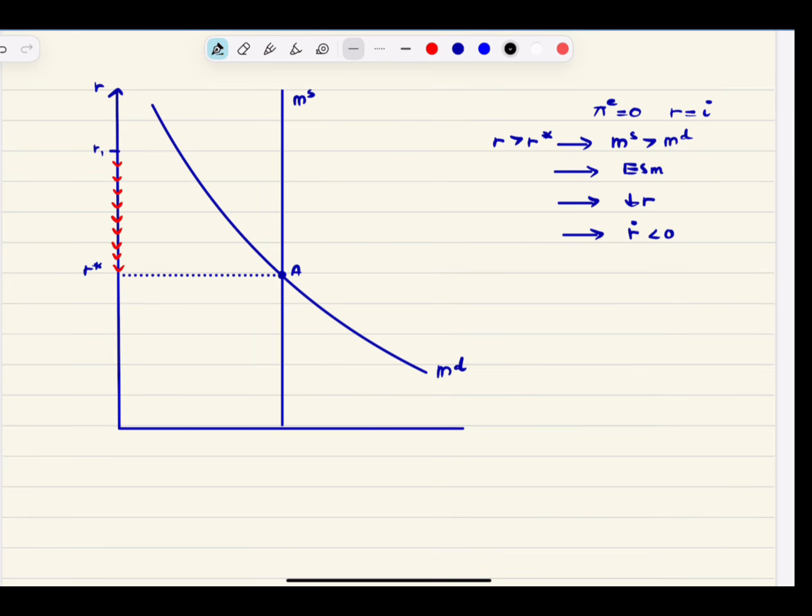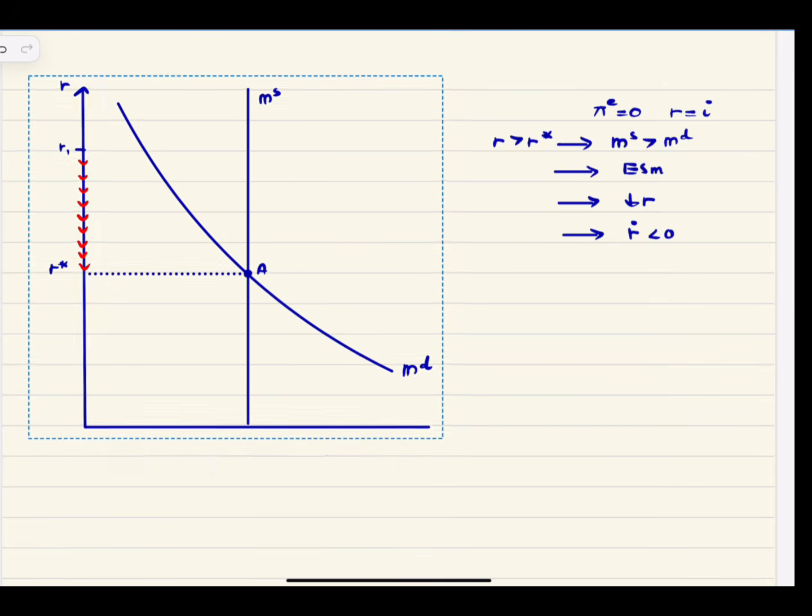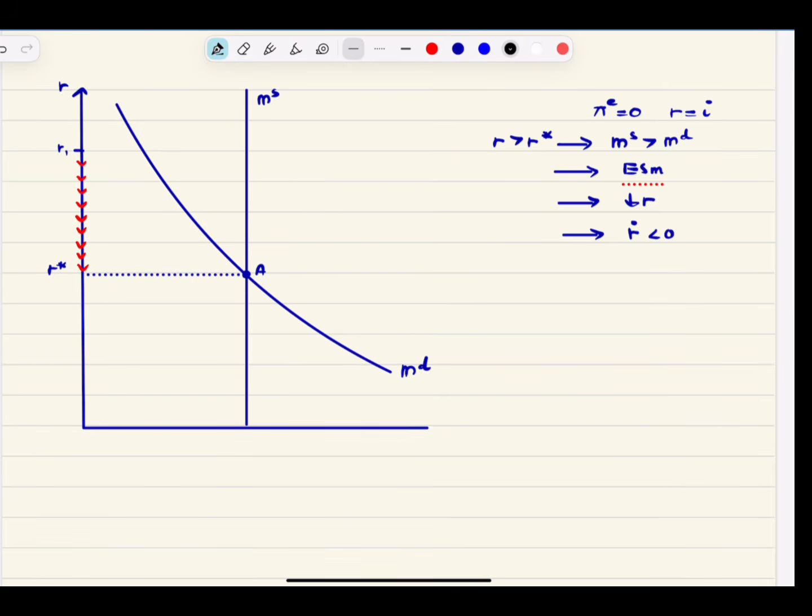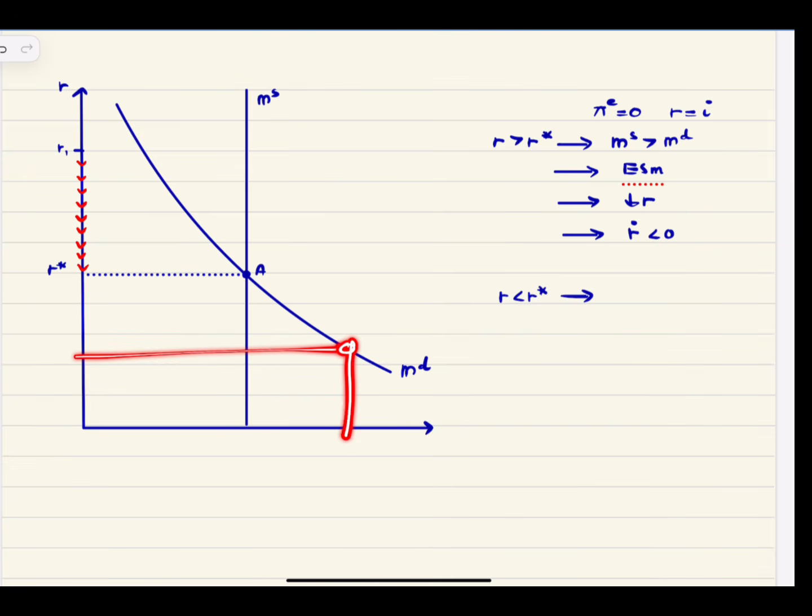Similarly, the logic goes both ways. If you've understood this, you'll understand what happens if the disequilibrium is on this side. So suppose R is less than R star. Now you can see that at any point here, money demand exceeds money supply.